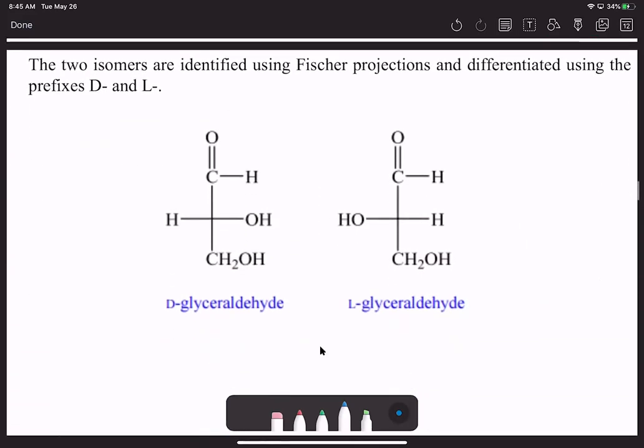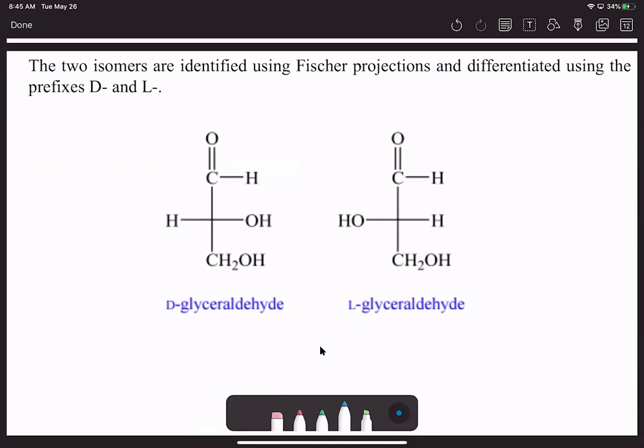So what we're going to talk about now is some more isomers, what we're going to call D and L isomers. D and L isomers are going to be identified by looking at the second to last carbon.